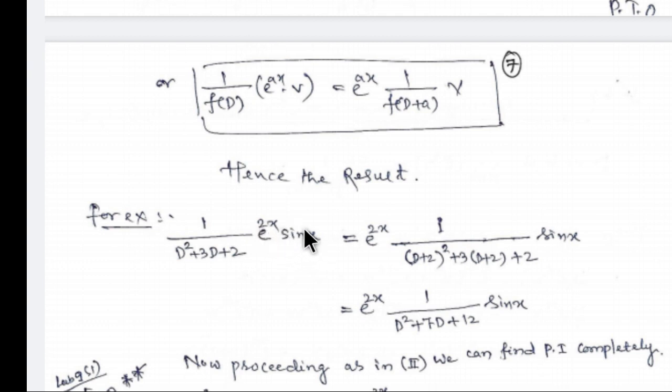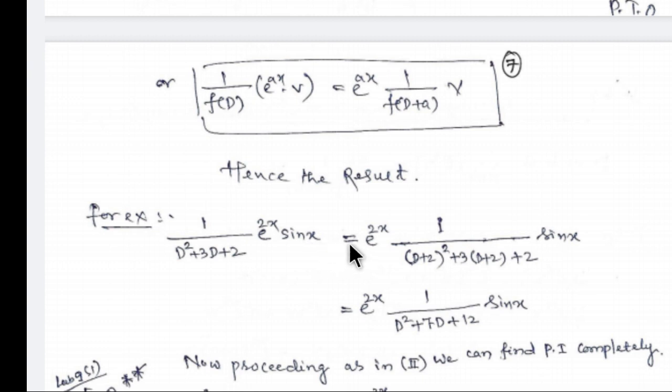It may be sin x, cos x, or an algebraic function like x square, whatever it may be. I have taken this example to explain how it is working. Okay, this is 1 by f(D). In the place of f(D) is D square plus 3D plus 2, e raised to ax, where a is 2 here, and V is sin x.